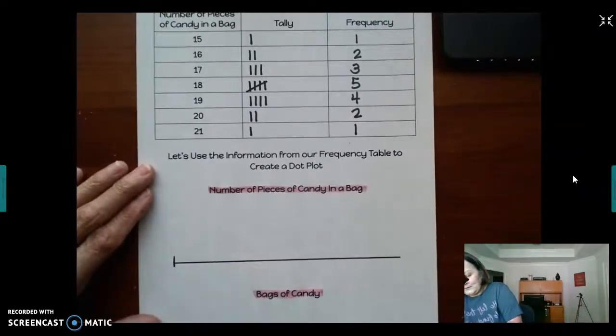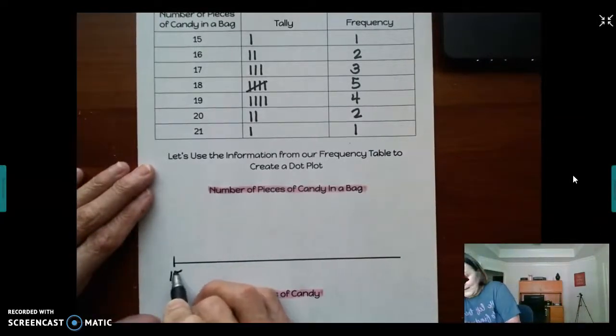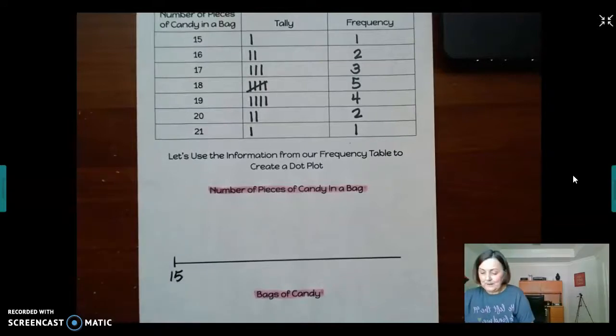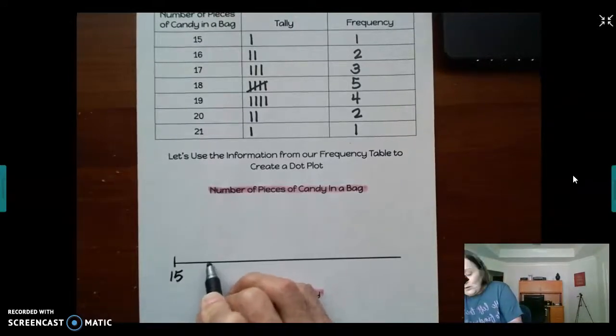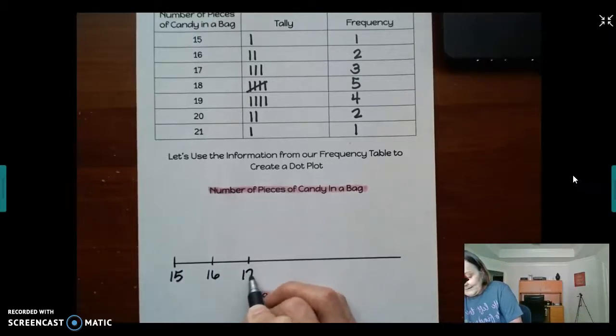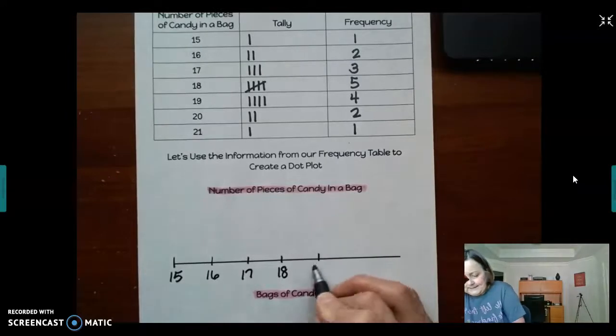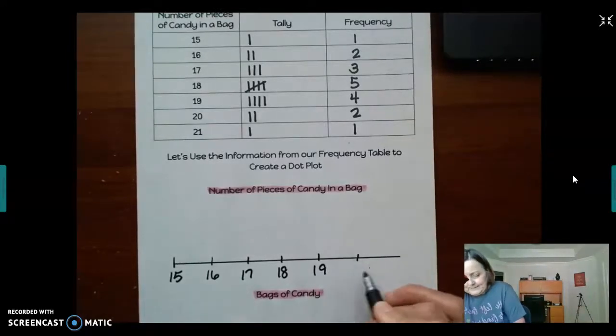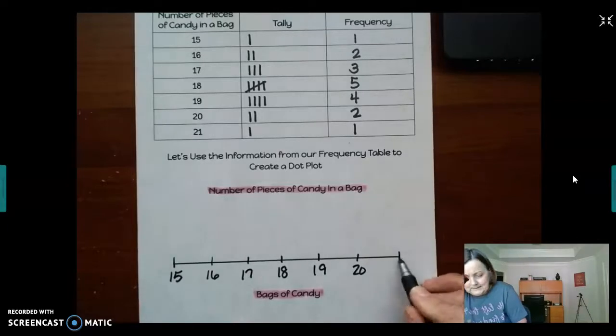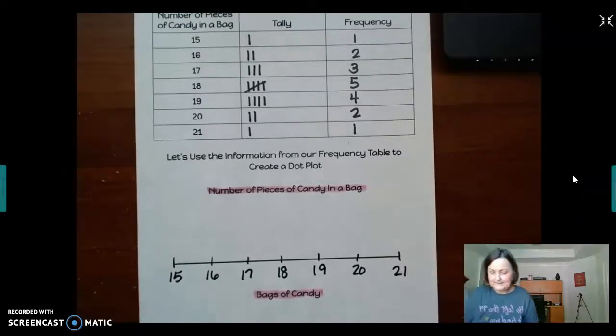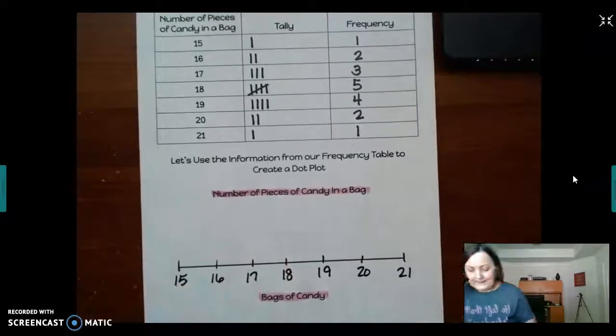So I'm going to make a little mark here and we're going to label that 15 pieces of candy. And we're going to continue. We have 16, 17, 18, 19, 20, and 21 pieces of candy.